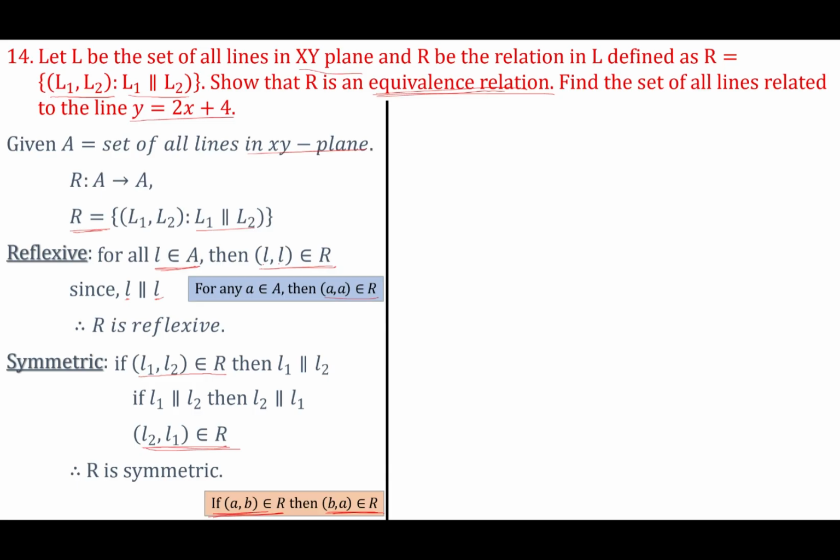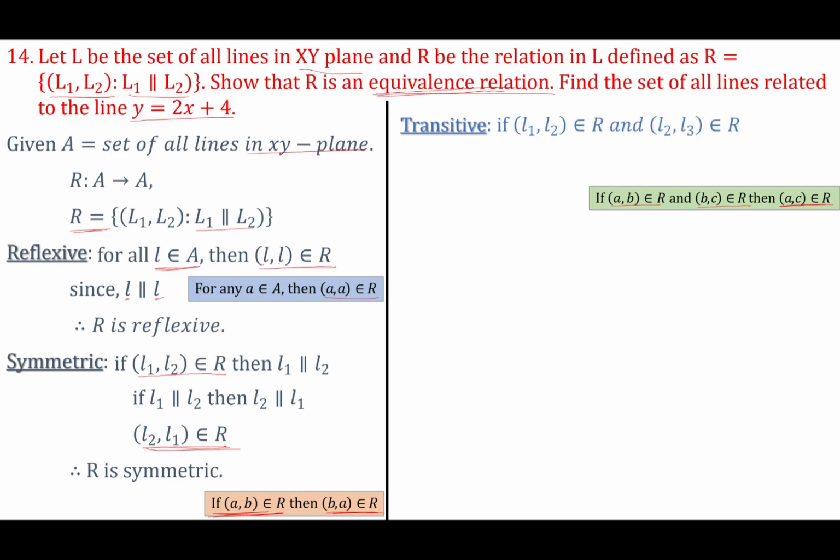Third part is transitive. The definition of transitive says, if (A, B) belongs to R and (B, C) belongs to R, then (A, C) must belong to the given relation.